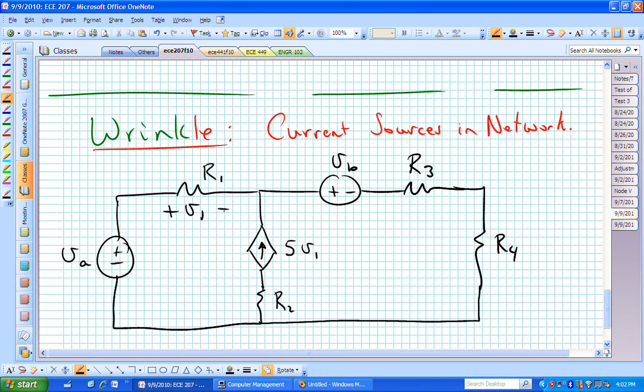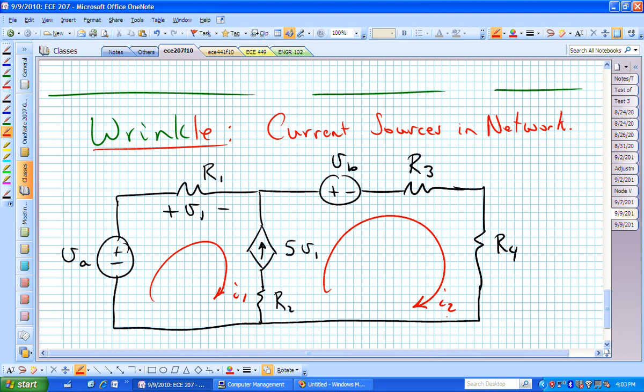The problem would arise if we now define our mesh currents, which this looks like it's begging us to do mesh analysis because I can see two window panes. There's an I sub 1 and an I sub 2. But as you draw that down, you go, okay, I'm going to be doing KVLs around those two meshes.